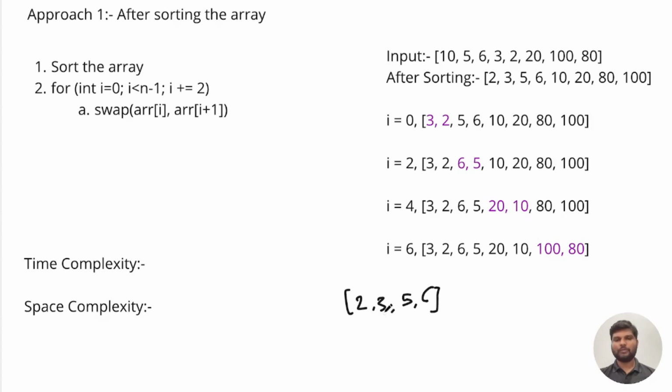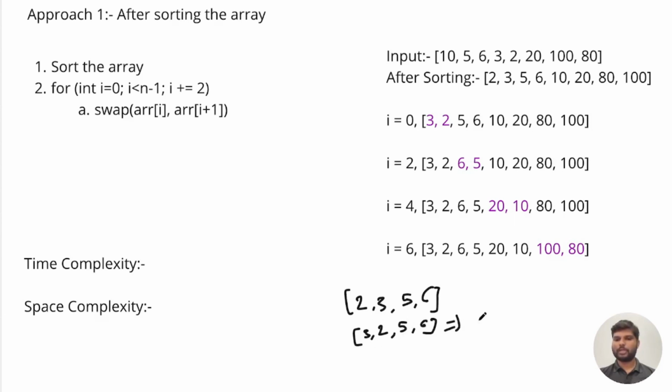So what we can do is swap these two numbers. After swapping, the numbers become 3, 2, 5, 6. See, the first element is greater than or equal to the second, which is smaller than the third. But we want the third element to be greater than the fourth, so we swap these two numbers again.